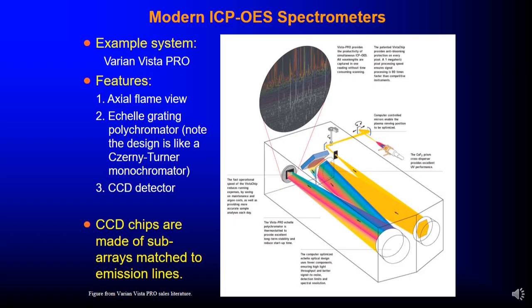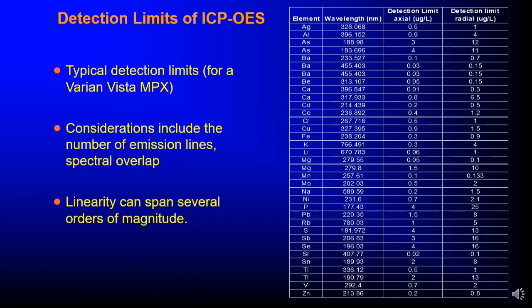So the modern ICP optical emission spectroscopy, you can see an example there of the spectrometers. So, detection limits.